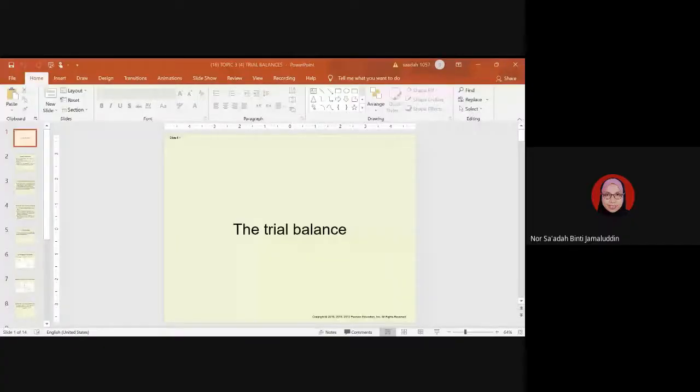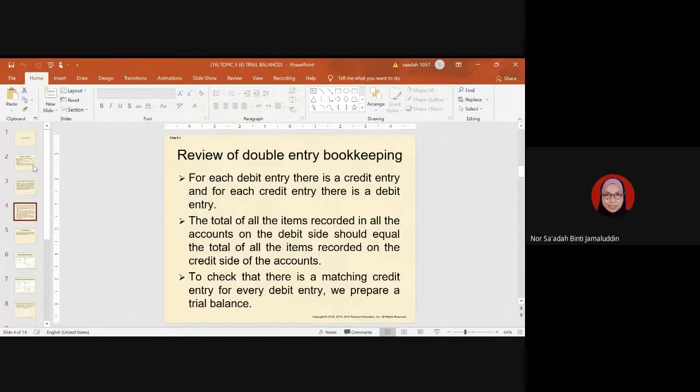From the ledger, we transfer all the balancing figure, balance brought down into the TriBalance. So we focus on the TriBalance. Okay, this is a learning objective of the TriBalance.